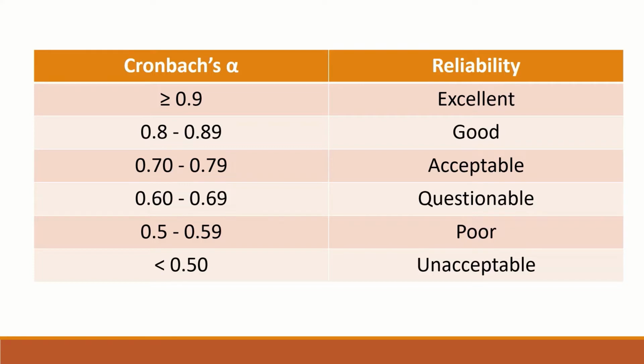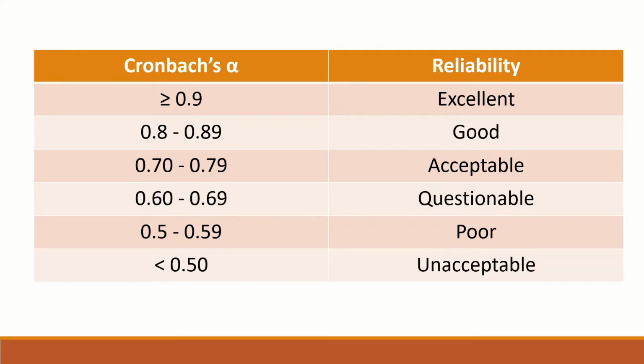A test with an alpha range of 0.7 to 0.79 will have acceptable reliability, and questionable reliability will have an alpha between 0.6 and 0.69, and an alpha range between 0.5 and 0.59 will have poor reliability.